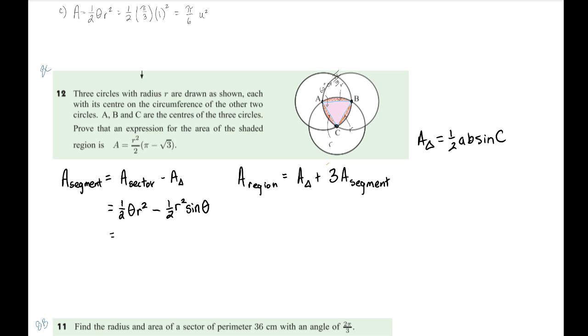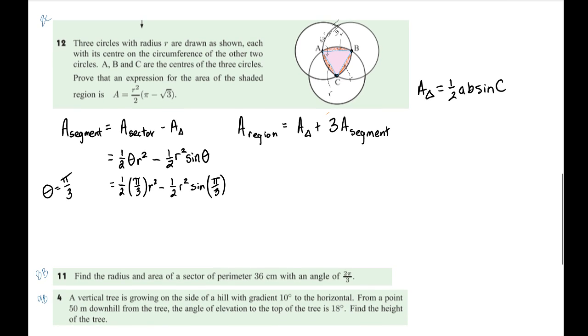So on this next step, I know that theta is equal to pi over 3, or 60 degrees. And so if I plug that in, it's going to make this not perfect, but a little bit nicer. Now, sine of pi over 3 would be the same as sine of 60 degrees.